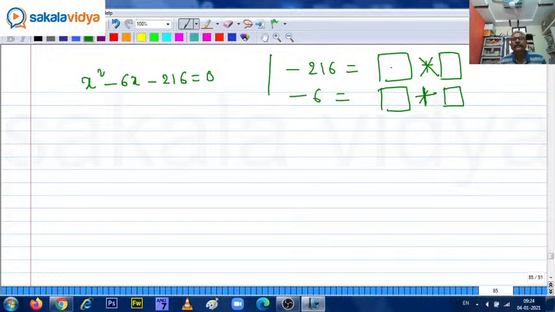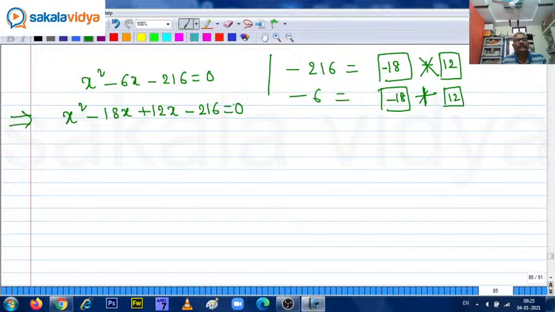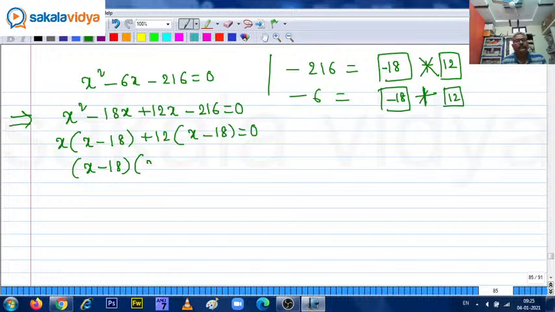What are the numbers? 18 into 12 is 216, but we need a negative sign: minus 18 plus 12. Now we can write x square minus 18x plus 12x minus 216 equals 0. Taking x common, we have x times x minus 18 plus 12 times x minus 18 equals 0. Now x minus 18 times x plus 12 equals 0.